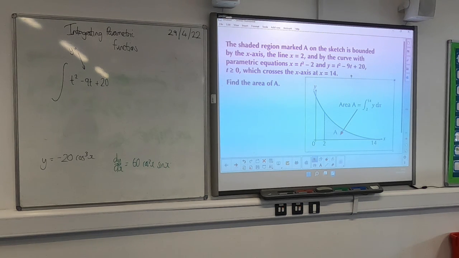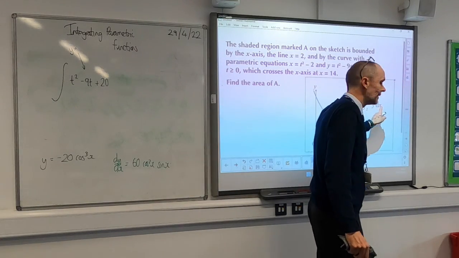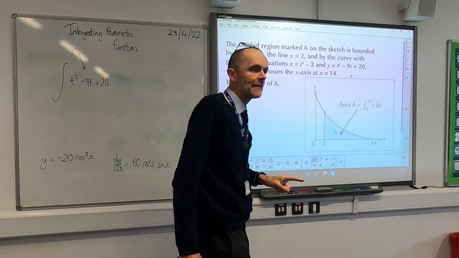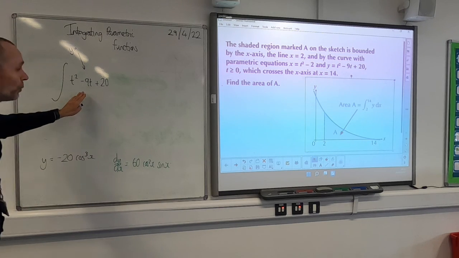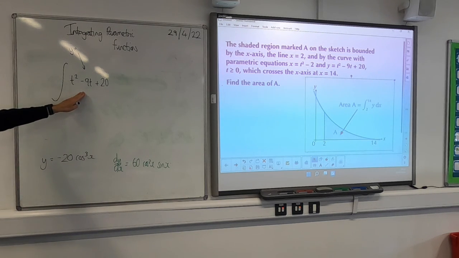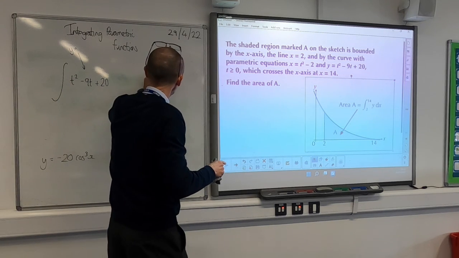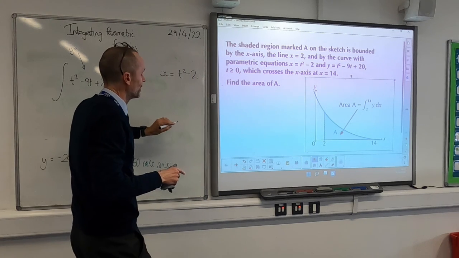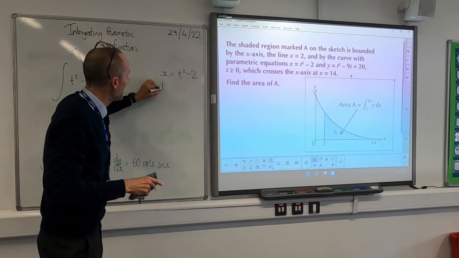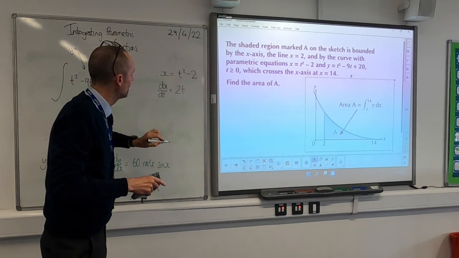However, the problem is that I've got dx there, and this has got t as the variable. But I can solve that problem because I've used the y equals part of the parametric function. I'm now going to use the x equals, but I'm not going to just whack it in there. I'm going to separately say, right, if x is equal to t squared minus 2, dx by dt is 2t.